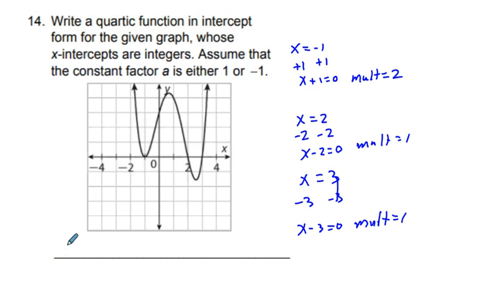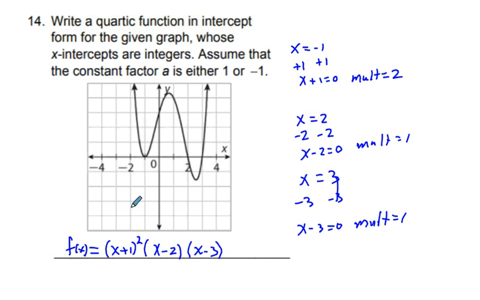So our function is going to be f of x is equal to, I'm going to put this x plus 1, and with multiplicity of 2 we put squared out here, and then we have quantity x minus 2 with multiplicity of 1, nothing squared, and then we have times quantity x minus 3.